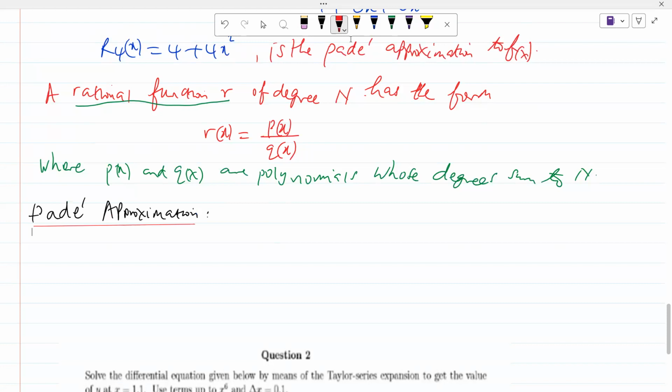By the Pade approximation, if we give a formal statement, we suppose R is a rational function of degree n, which equals n plus m.